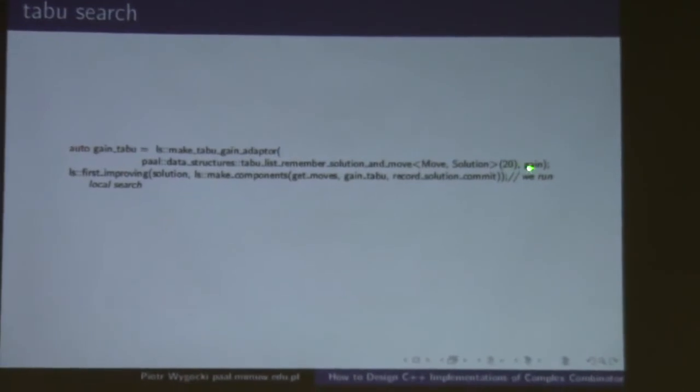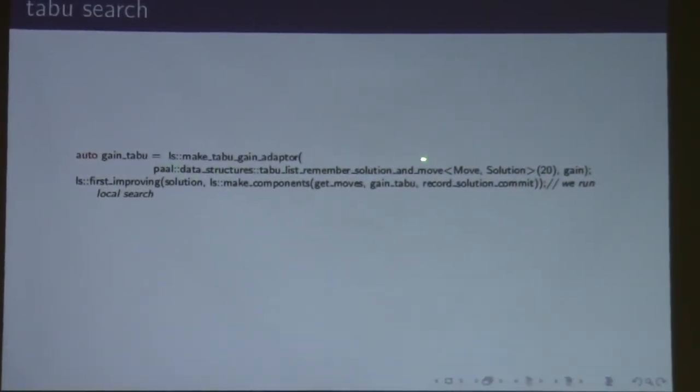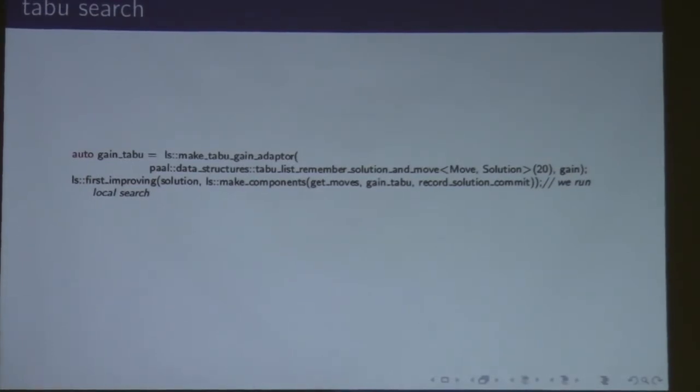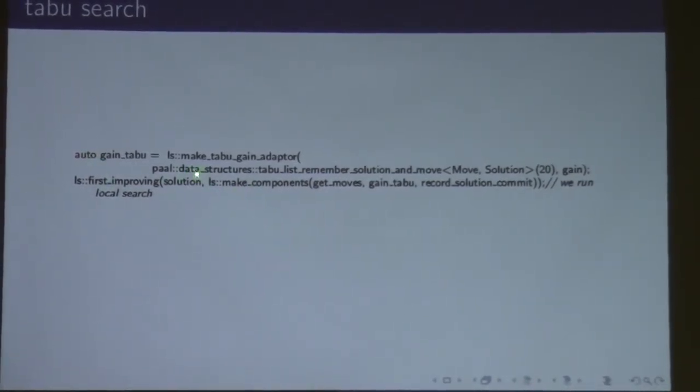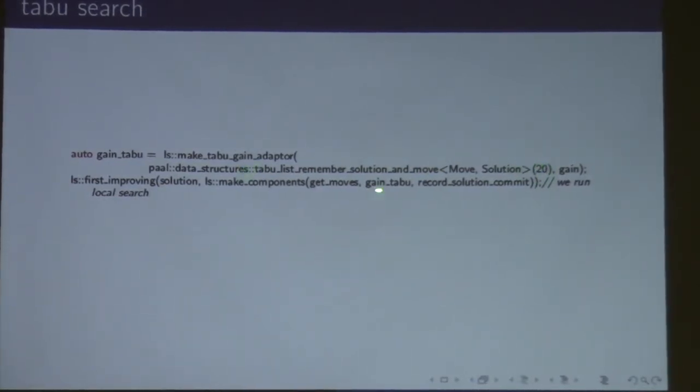This time it is a gain adapter, and it takes the previous gain, and it needs a data structure to remember these moves. This is a container, or something like a container, which remembers the last 20 pairs of solution and move.